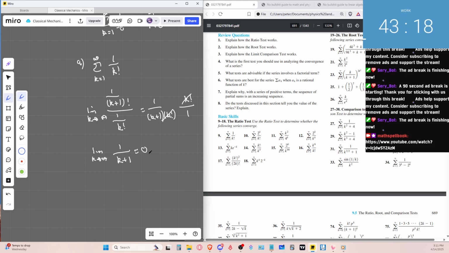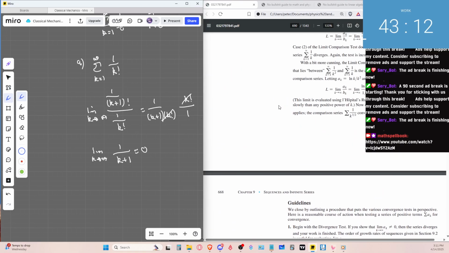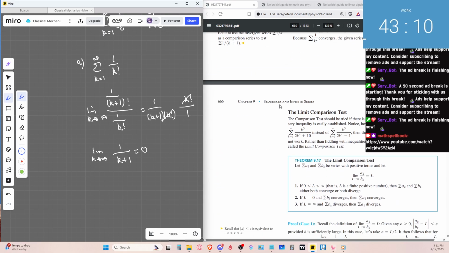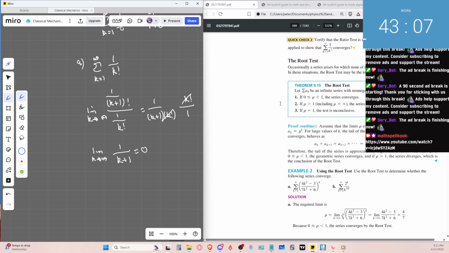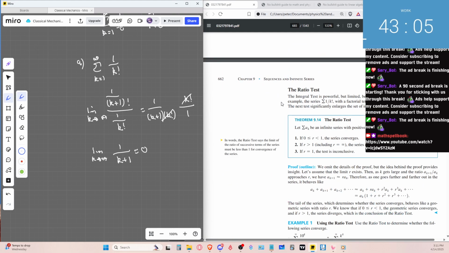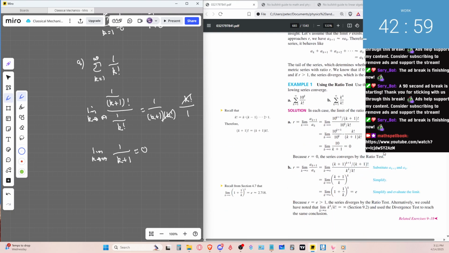So according to the ratio test, if the limit is less than 1, then that means it converges, I believe. Ratio test: if it's equal to 0 or less than 1, it converges. Okay.